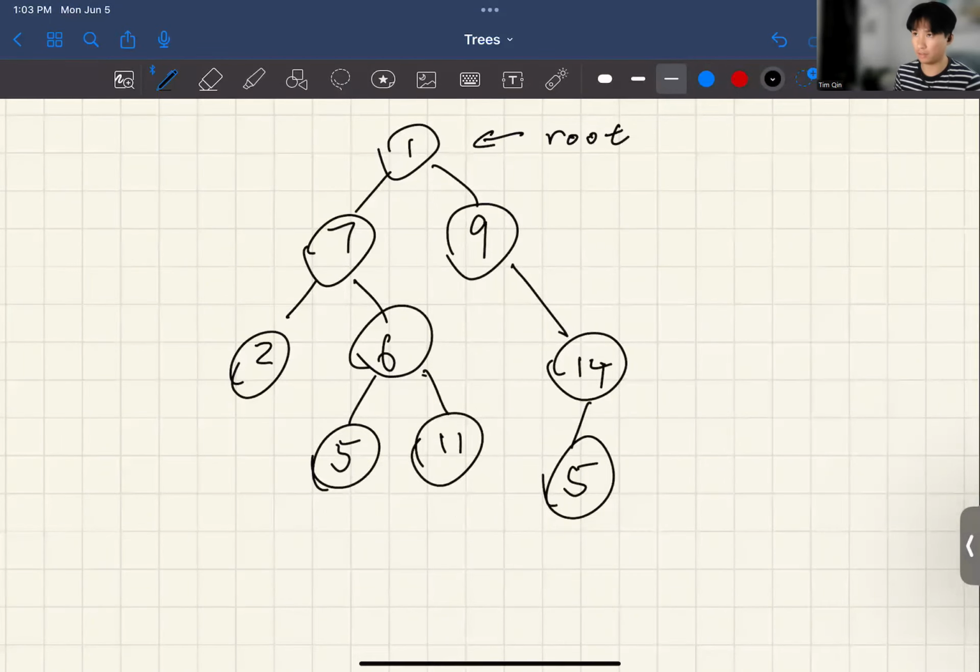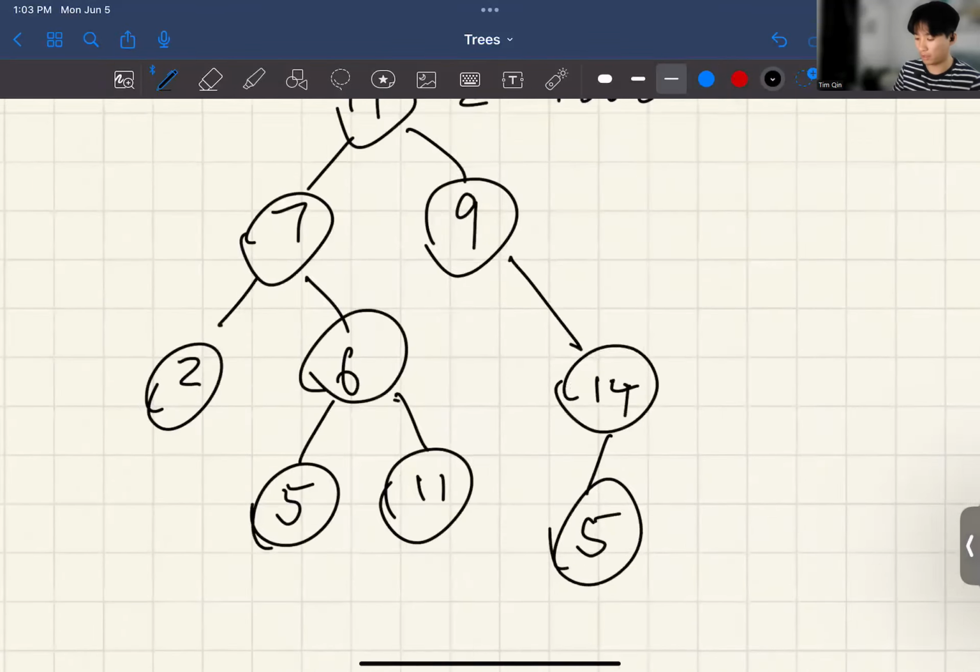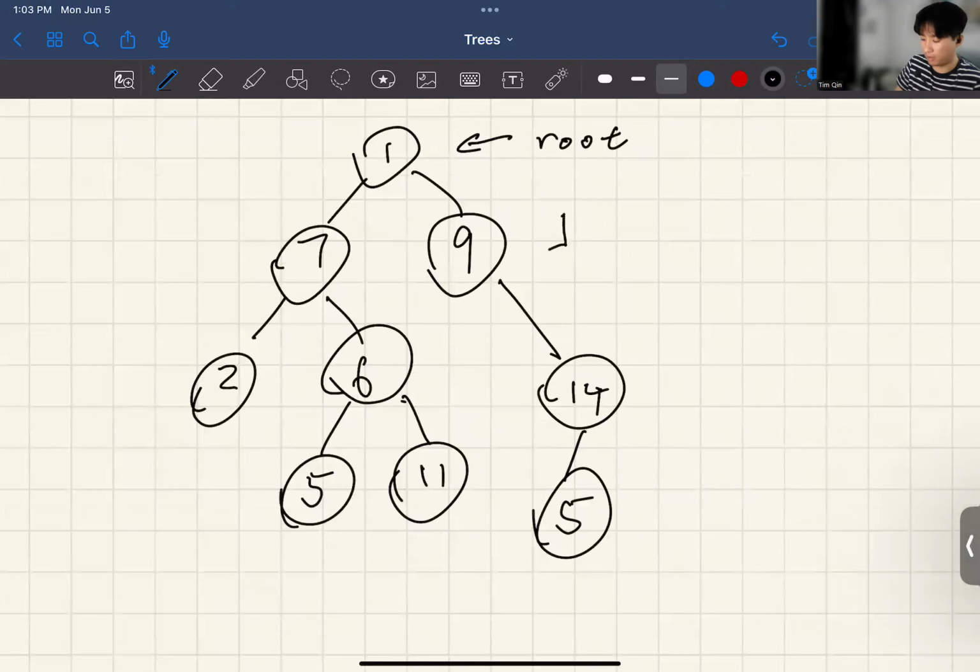It's essentially at the very top of the tree. The next component is the parent node, which is essentially any node that has a child or a branch that extends further down from it. So for example, 9 is a parent, 7 is a parent, 6 is a parent.